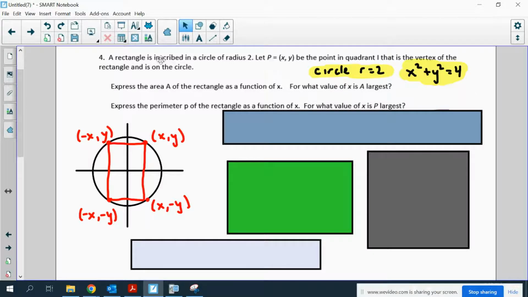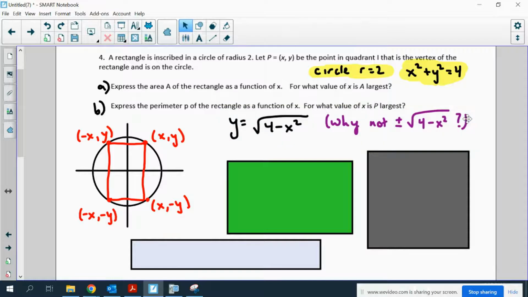And then I have two problems. They want me to express the area and the perimeter of the rectangle as a function of x. So if I want to express it as a function of x, I'm going to need to solve this for y. So if I solve that for y, I get the square root of 4 minus x squared. That begs the question, why is it not plus or minus the square root of 4 minus x squared?